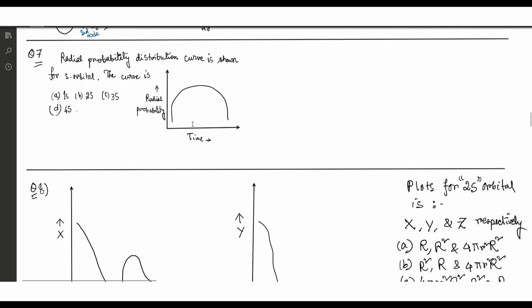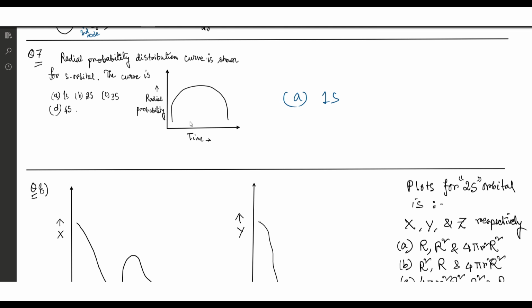Now this is our next problem. The radial probability distribution curve is shown for an s orbital. So we have to tell the curve is for which orbital, 1s, 2s, 3s or 4s. How can you solve it? It must be for A, 1s. Why?